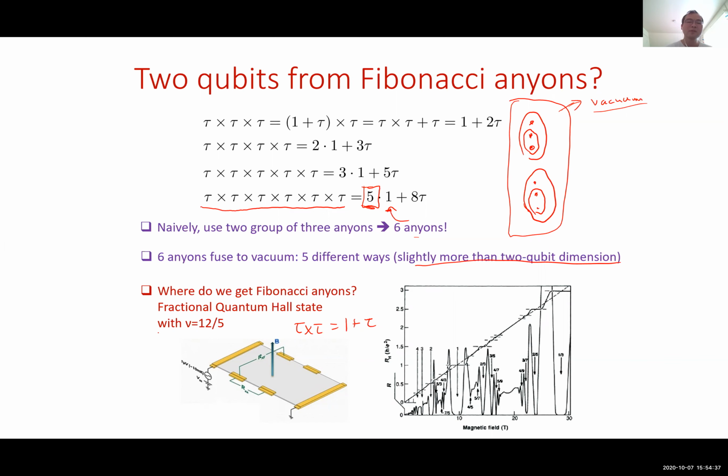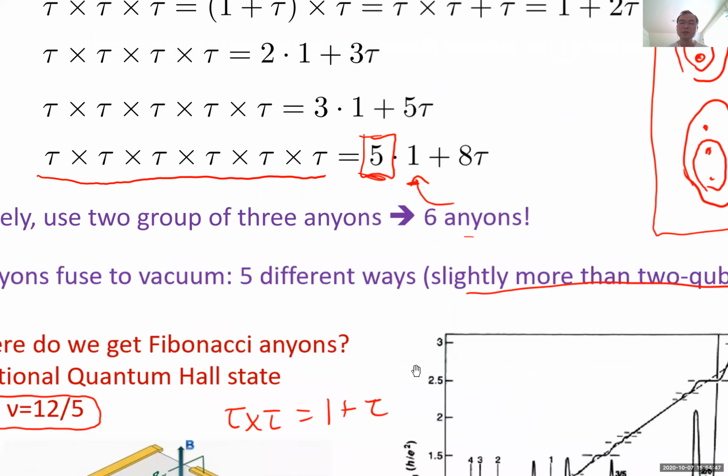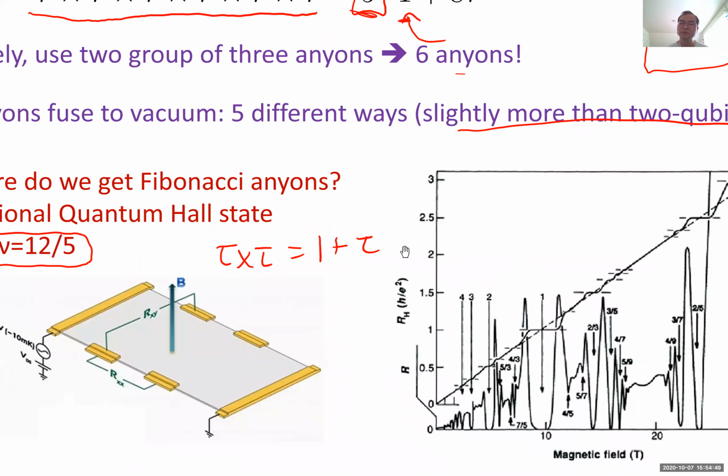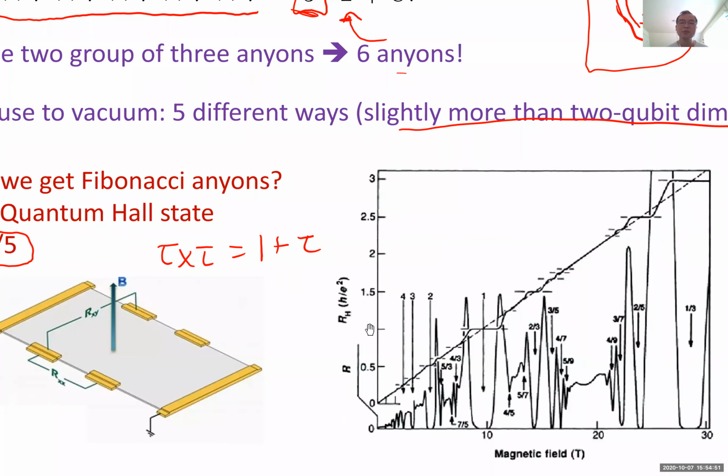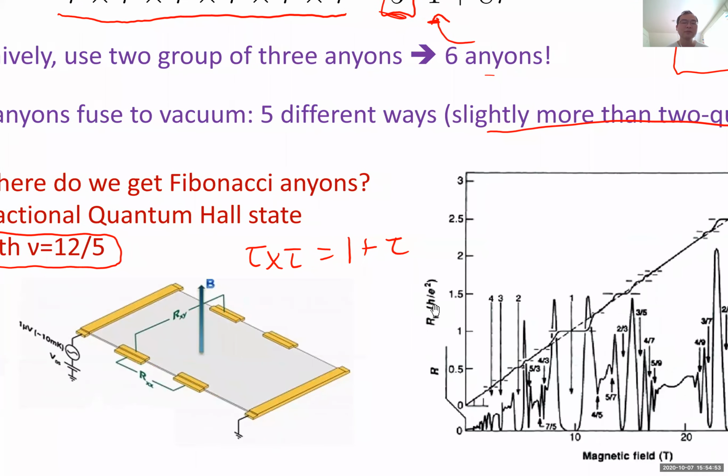One possible place is this nu equal to 12 over 5 in this fractional quantum Hall effect. I think it's in this location. So 12 over 5, it's 2.4. So this is filling factor 2, filling factor 3. It's a very difficult experiment to get this version.